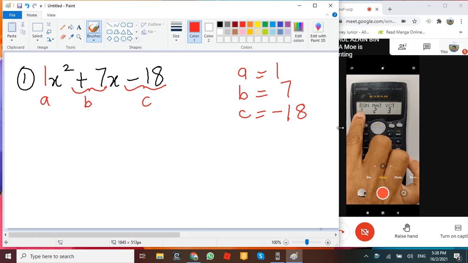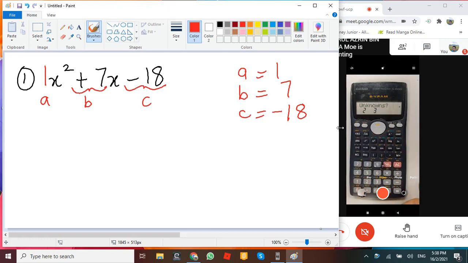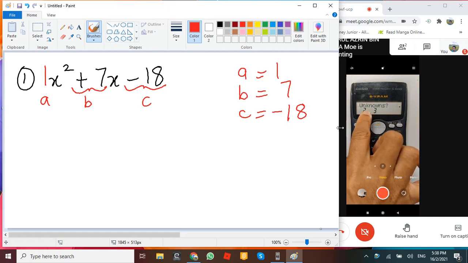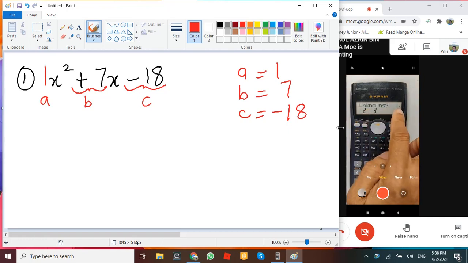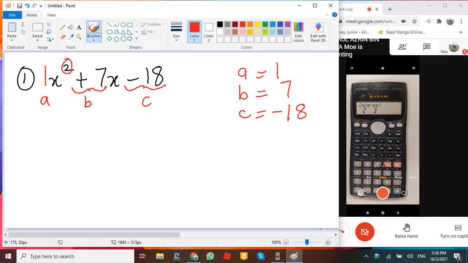We go to EQN. EQN stands for equation. We press 1. We see unknowns, but we don't want unknowns. You can see here there is a right arrow, so we press right button. Degree. Degree is actually the power of x squared. Okay? So the degree is 2.